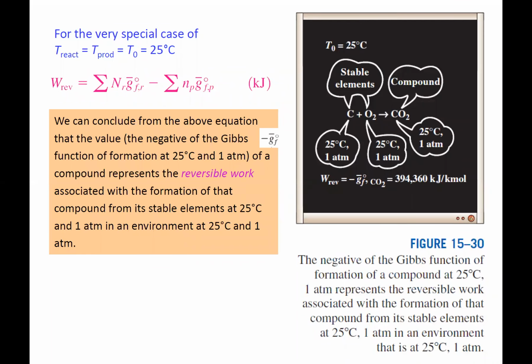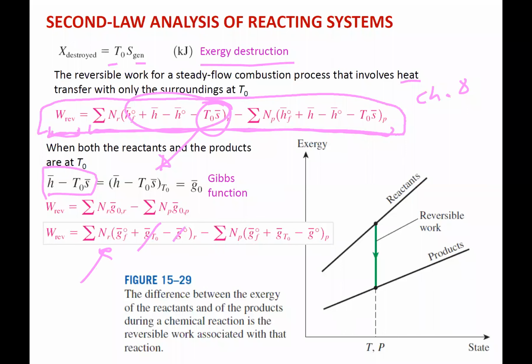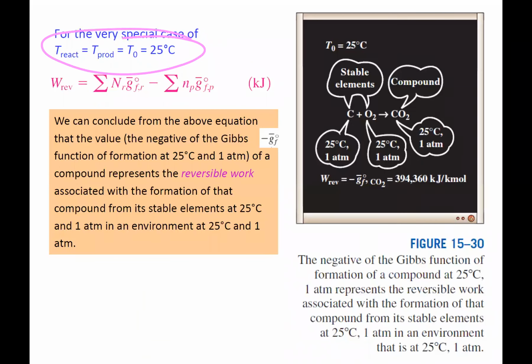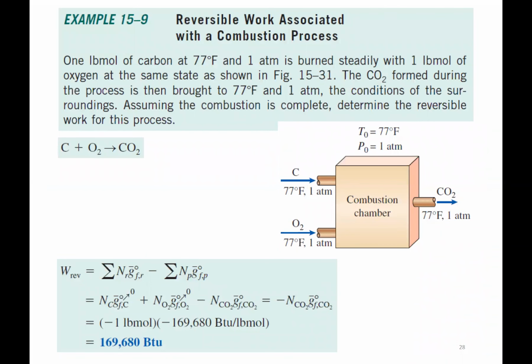All right, if everything is at 25 degrees Celsius, that cancels these things, and you get this simple equation right here. So that would be our reversible work, with 25 degrees Celsius in and out, our max reversible work.